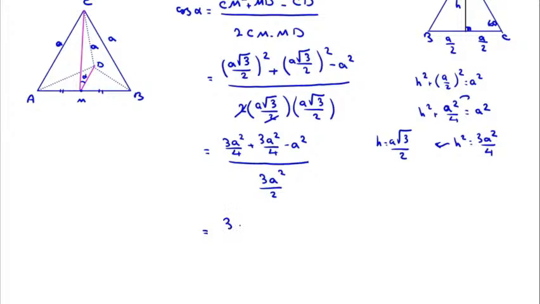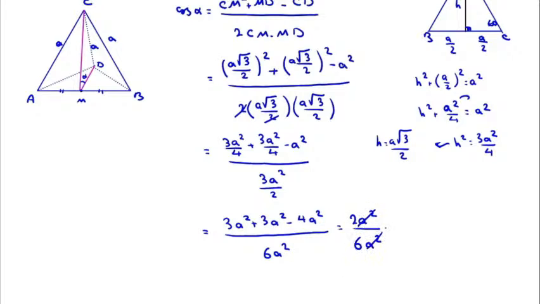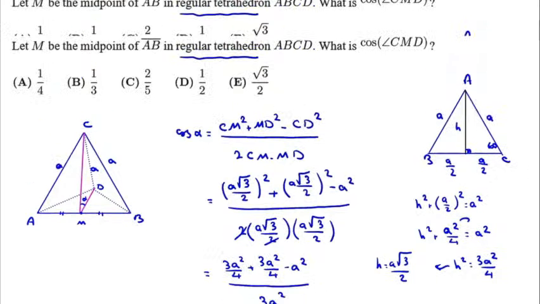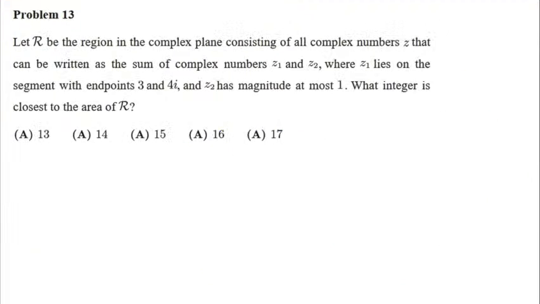It will be 3a squared plus 3a squared minus 4a squared, all over, we multiply the denominator also by 4, 2 times 3a squared, 6a squared. So the numerator is 3a squared plus 3a squared, 6a squared, minus 4a squared, 2a squared, over 6a squared. And we can cancel a squared. 2 over 6 is 1 over 3. So the answer is B.